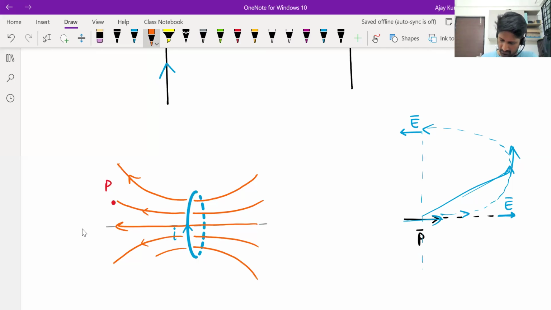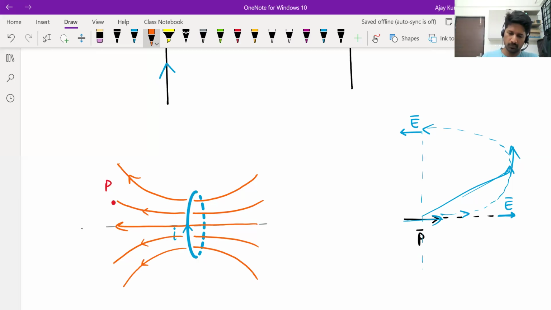You can imagine any number of field lines. The break that I have given is just to show that they are going from one side to the other side. It doesn't mean that field lines have breaks in between. They are continuous field lines. So only on the axis of the circular loop, the field line is straight. Away from the axis, they are curves.